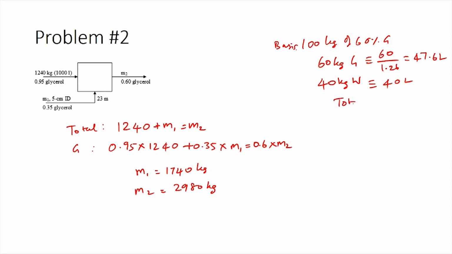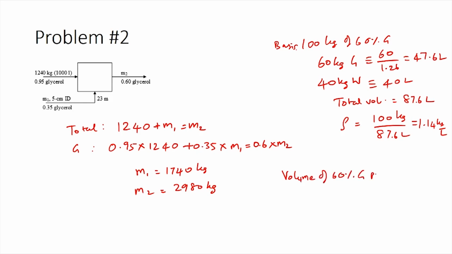So, the total volume would be equal to 87.6 liters. So, your density would be equal to 100 kilograms divided by 87.6 liters, giving you a final value of 1.14 kilograms per liter. So, using this we can calculate the volume of the 60% glycerol product.